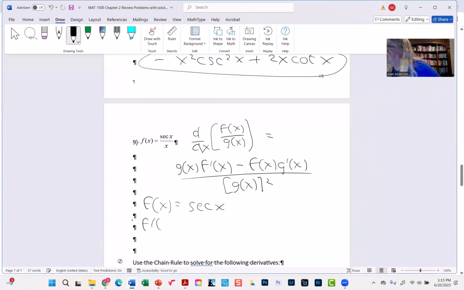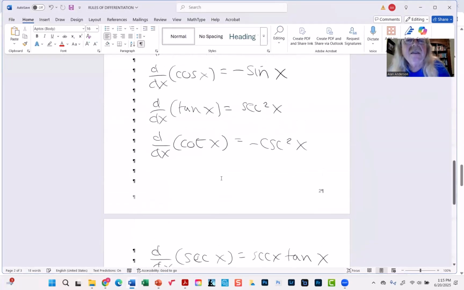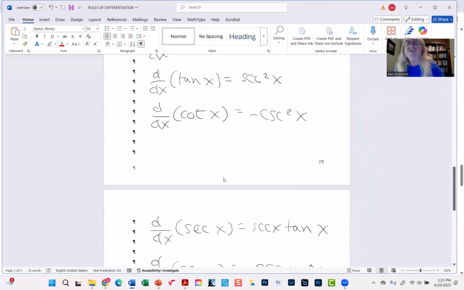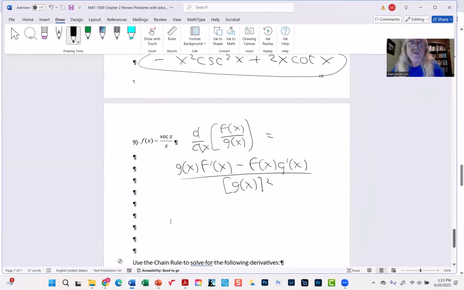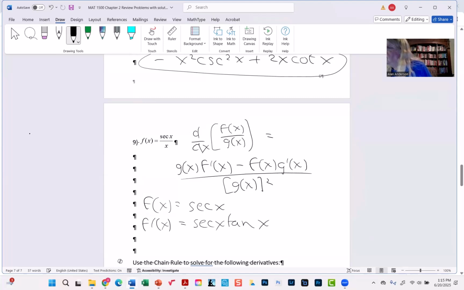And f prime of x, so we'll go back to our chart. What's the derivative of the secant? That's going to be, here it is. Oh, we saw this earlier. The secant times the tangent. G of x is just x, so that's easy. G prime of x is 1.